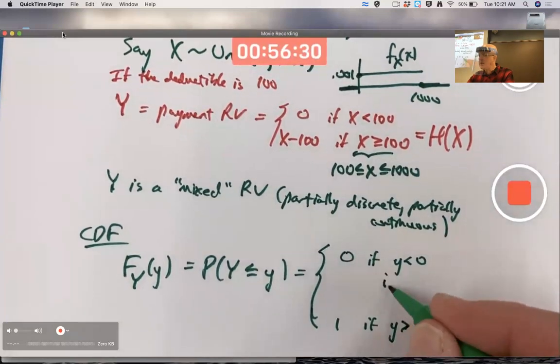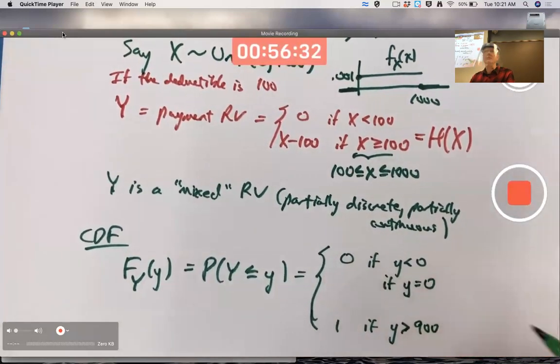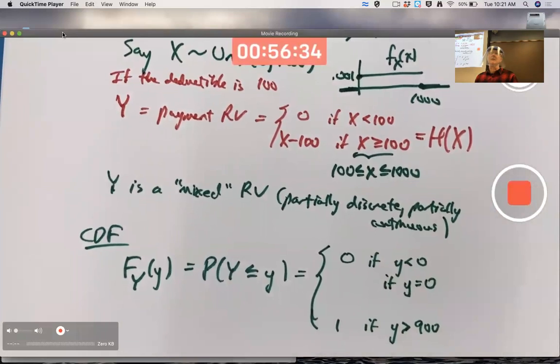If y equals 0, this has a positive value. What is that positive value?